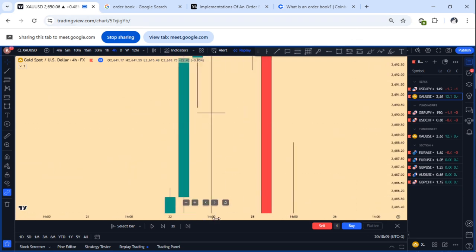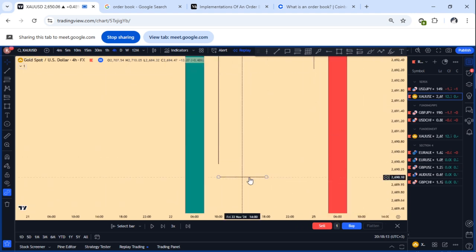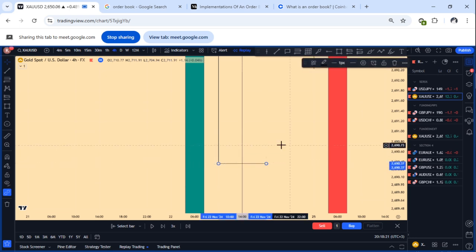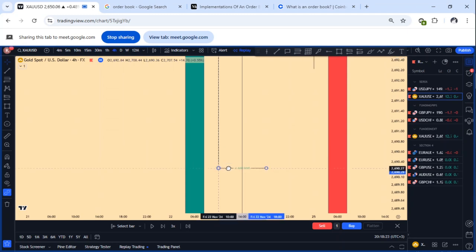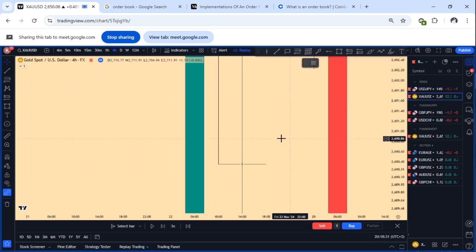Are you seeing this? Yes, this is where I should be placing my liquidation point. So sometimes you'll be forced to check like this. Nobody's going to do it for you. Just zoom in and zoom out. So this was the liquidation point. So now we can shift to 15 minutes.